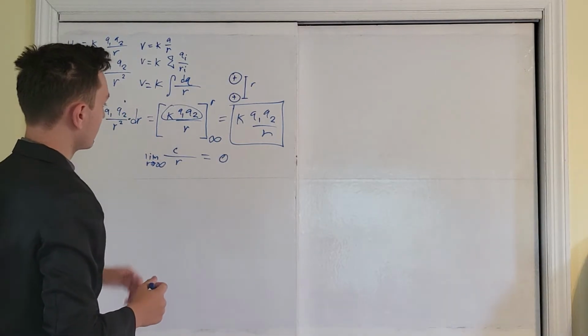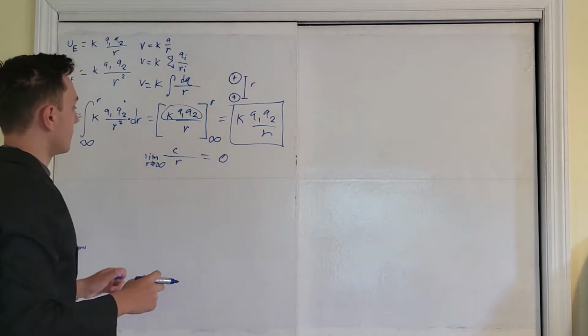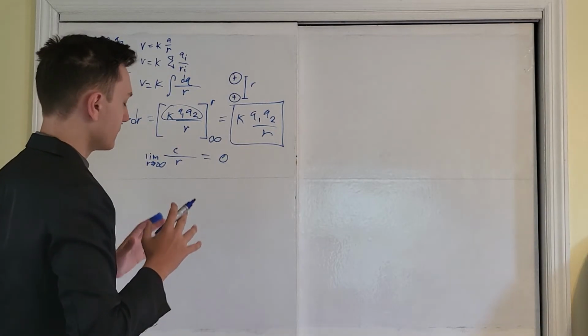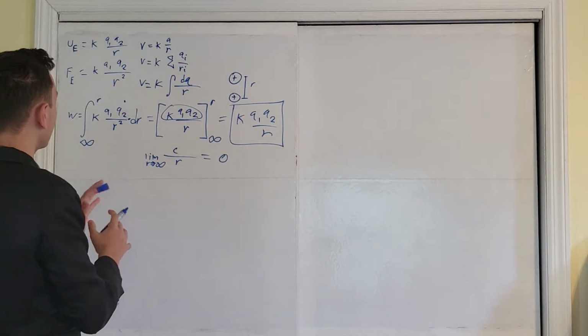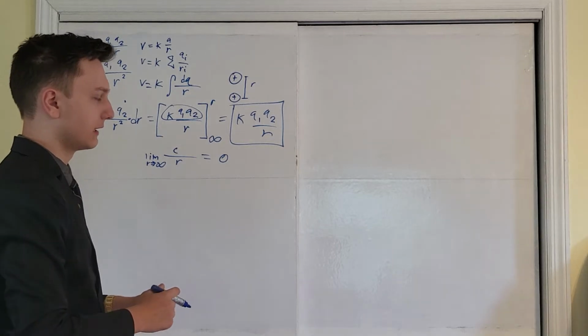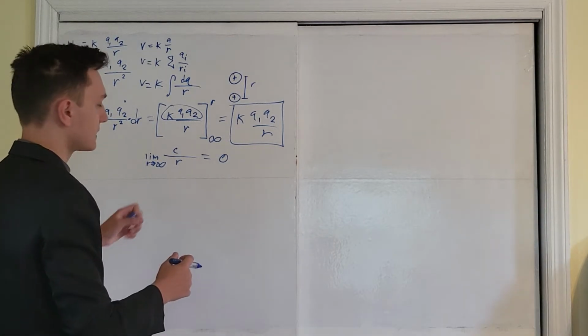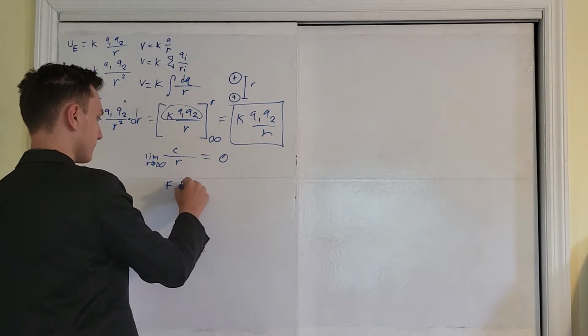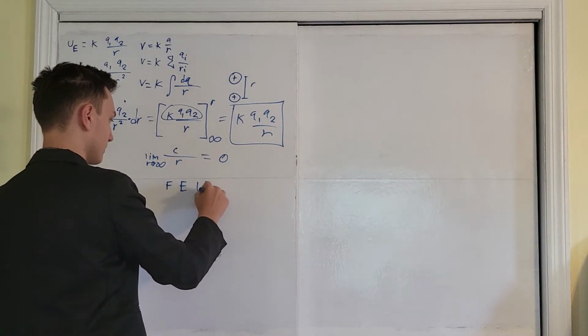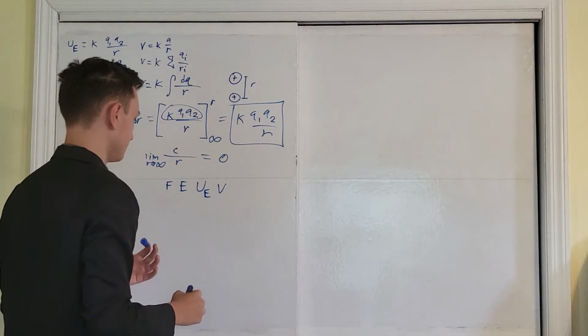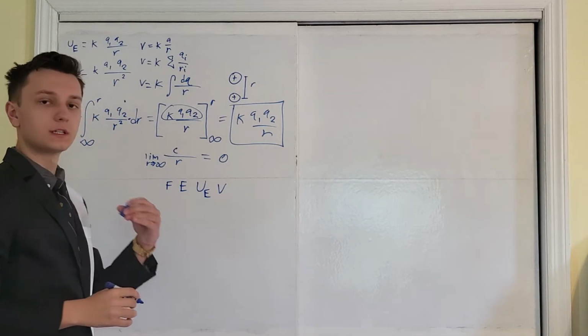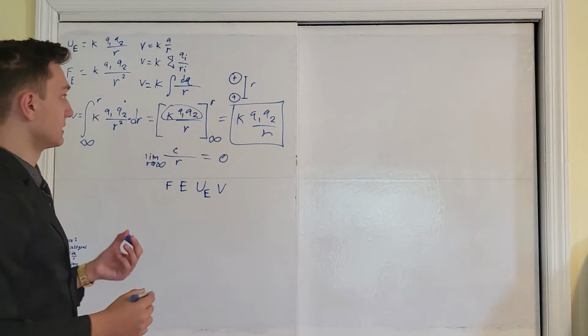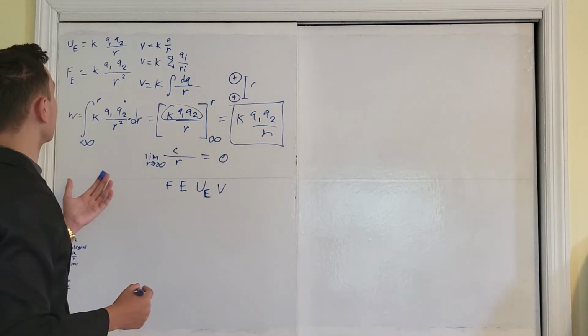Before we get into the calculus, I wanted to give us all a very definitive analysis of what these four variables mean. So we're dealing with four variables that we might not have a complete grasp on. We have force, electric field, electric potential energy, and electric potential. It's useful for us to understand particularly what all of these mean because their equations are so similar.